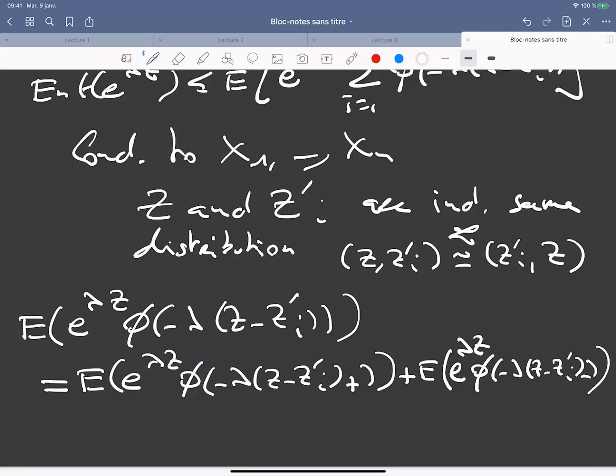And this is true because phi at 0 is equal to 0. Okay? So I can always decompose things like that.